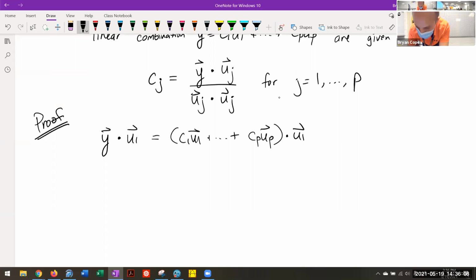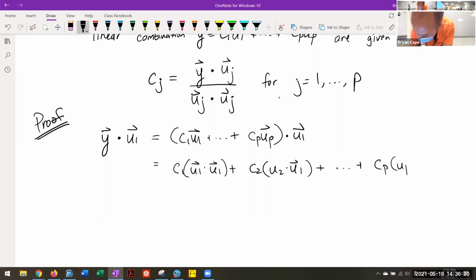Okay, well, what comes of this? What comes of this is C1 times U1 dot U1 plus C2 times U2 dot U1 plus all the way out to CP times UP dot U1. And everything in this equation becomes 0, everything except one thing.